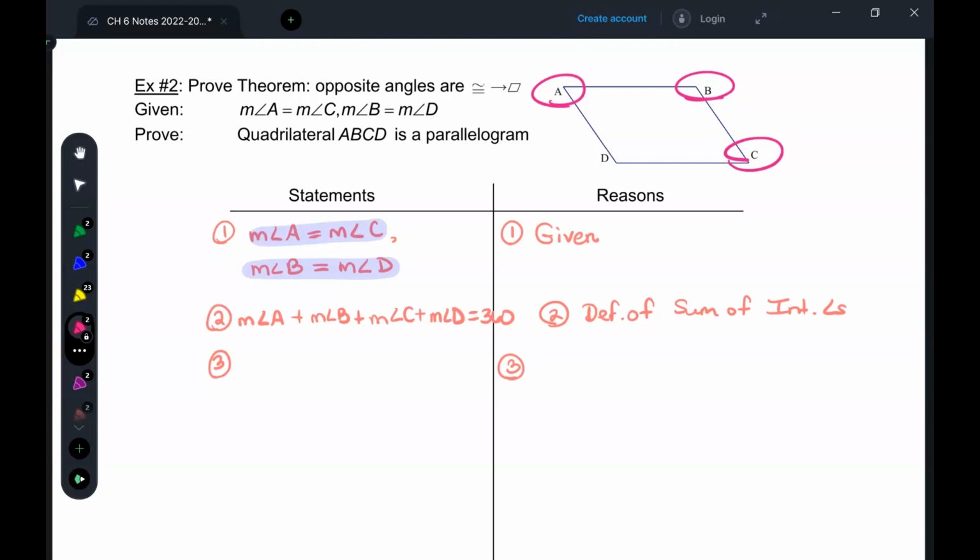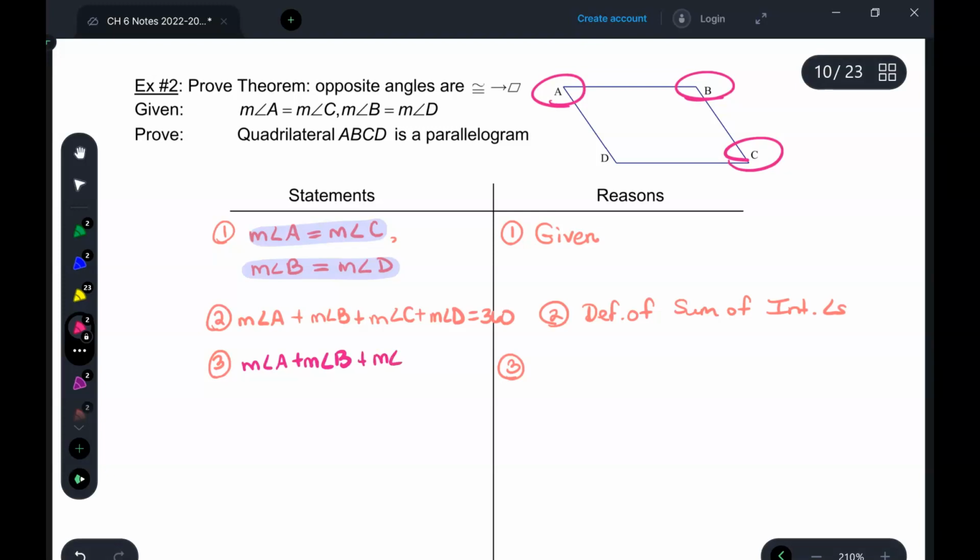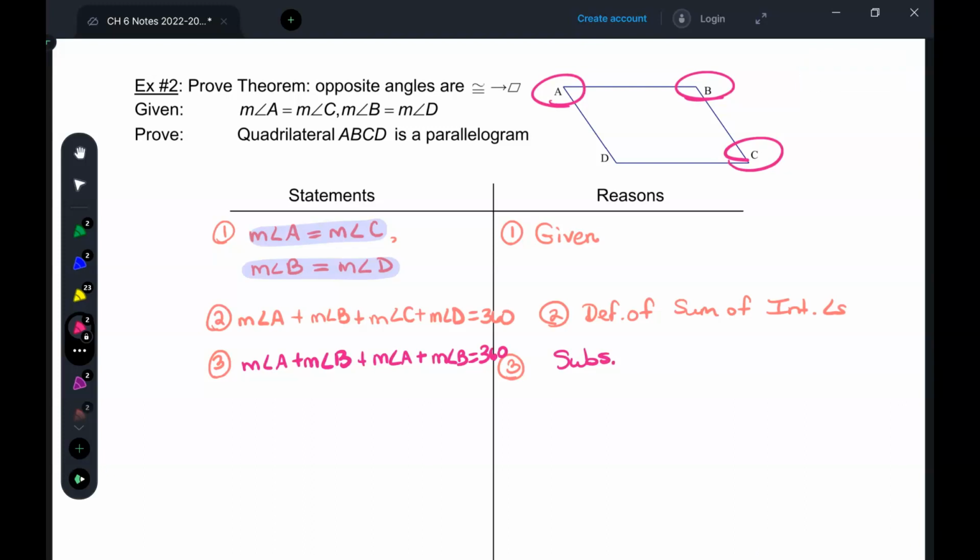I'm going to leave the measure of angle A plus the measure of angle B. I'm going to replace angle C with angle A, and I'm going to replace D with B. Okay, so this is substitution. Right, I replace C with angle A and D with angle B.